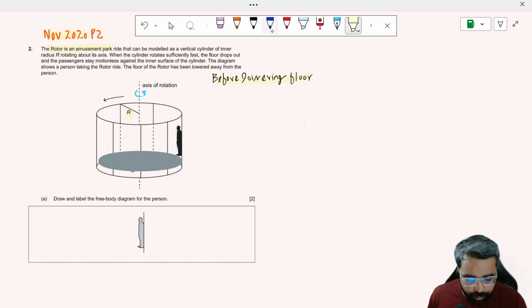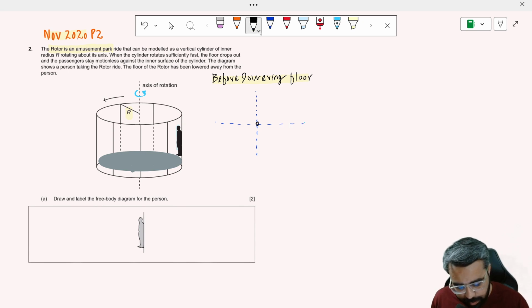When the person is standing on the floor, we know how many forces are exerted on the person. One force will obviously be the force exerted by the earth, that is the force of gravity mg, and the second one is the normal force, dear students. This is a normal force which is equal to mg.